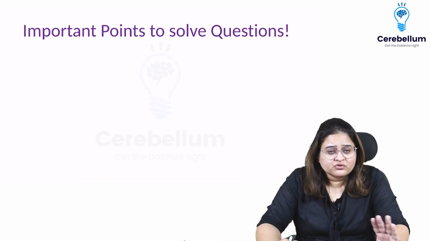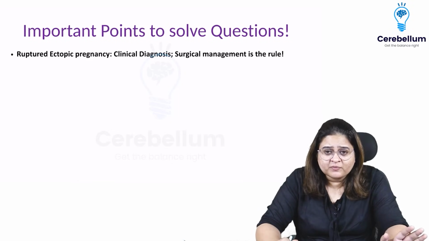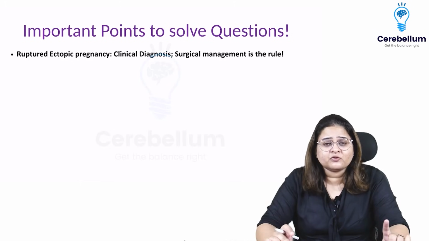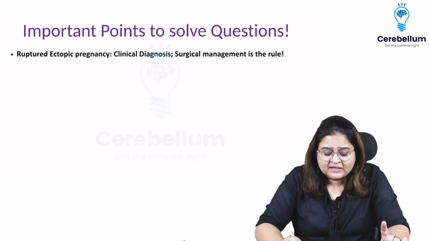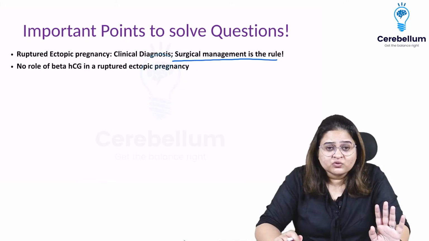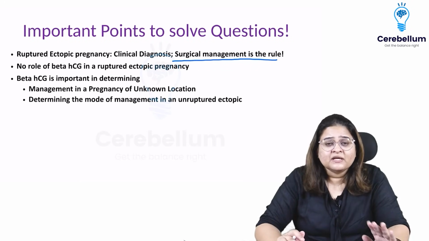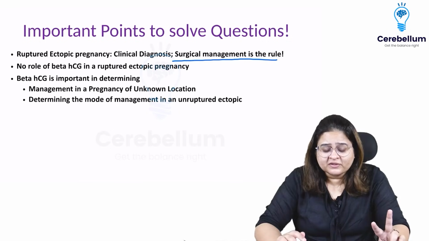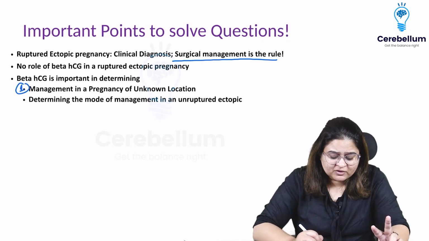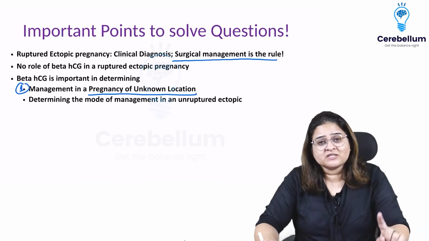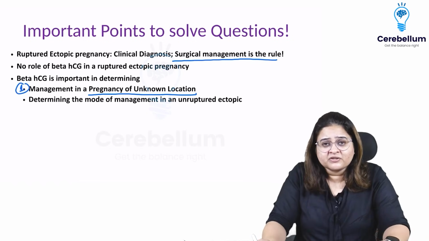Now, in the end, just to end ectopic, because it's so important, remember these important points to solve questions. Ruptured ectopic pregnancy is a clinical diagnosis. Surgical management is the rule. No role of beta-hCG in a ruptured ectopic pregnancy. Where is beta-hCG important? In two things. Number one, management of a pregnancy of unknown location, because we use the doubling time here, we use the discriminatory zone here.